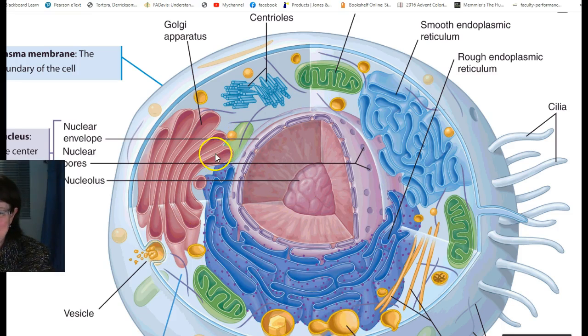These vesicles will then join together to create what is called the Golgi apparatus. Notice Golgi is a capital G because it's named after a man named Golgi. The Golgi apparatus is where there's further modification. The lipids and the proteins are put together and modified with more detail. Sometimes it's called the post office, because they get special tags put on them, which will then tell them where to go.